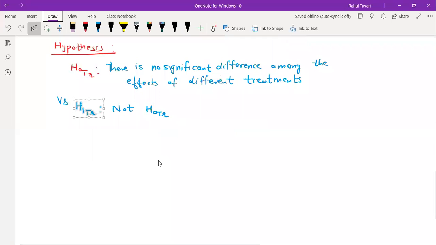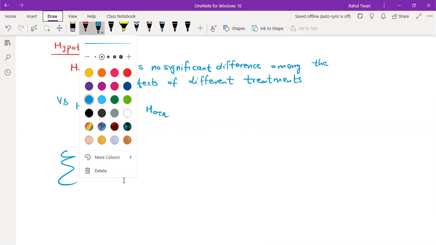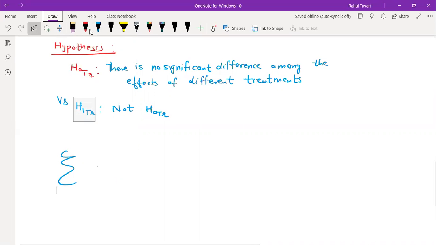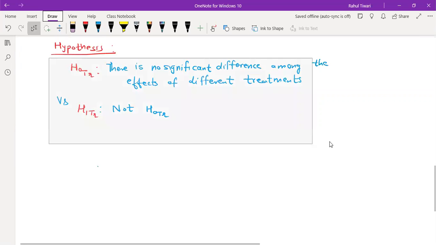Just give me time. So this one H1TR. Similarly, you can consider for another hypothesis.